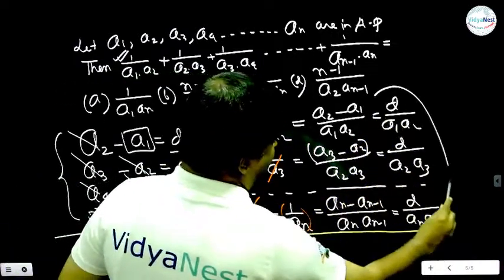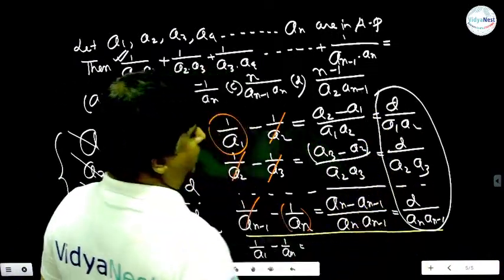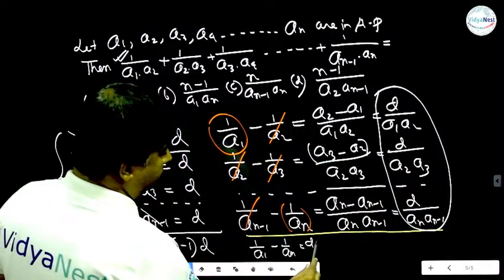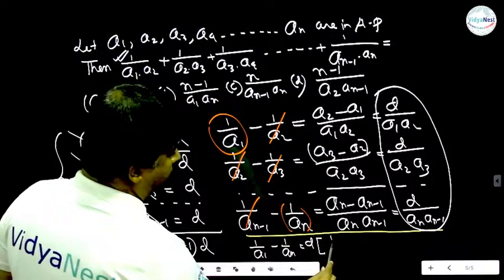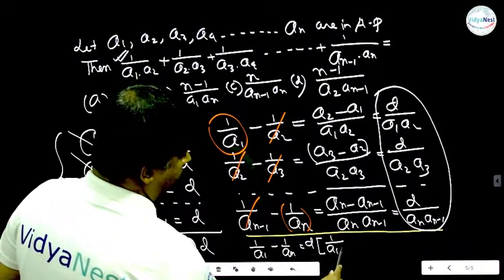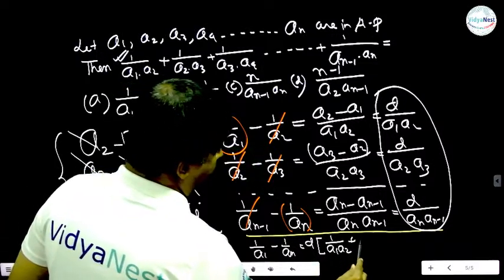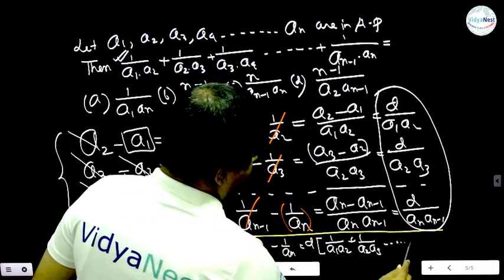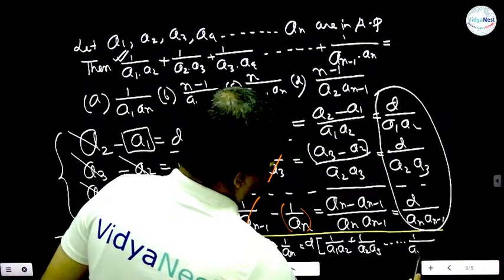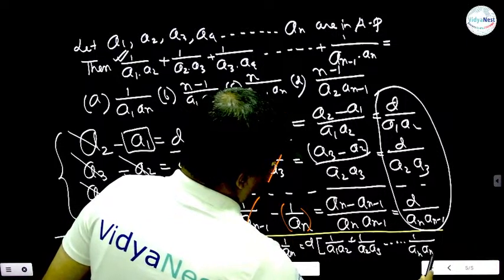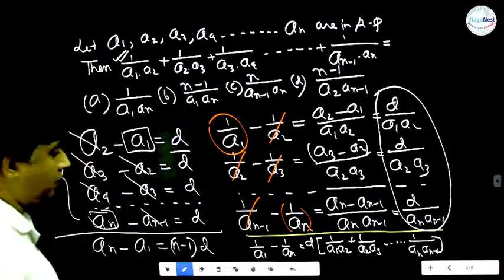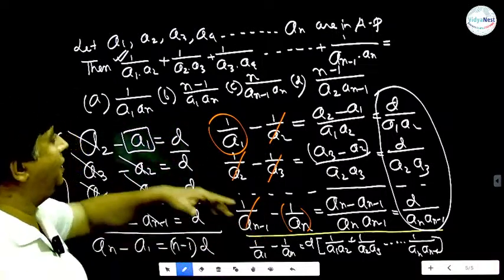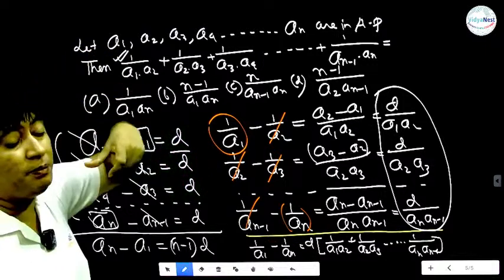Here, what is common factor to each summation? D. I can take D common. Once you get this, gradually the required term is peeping from behind.